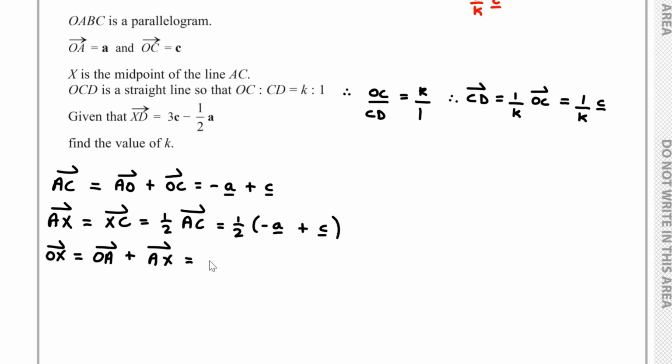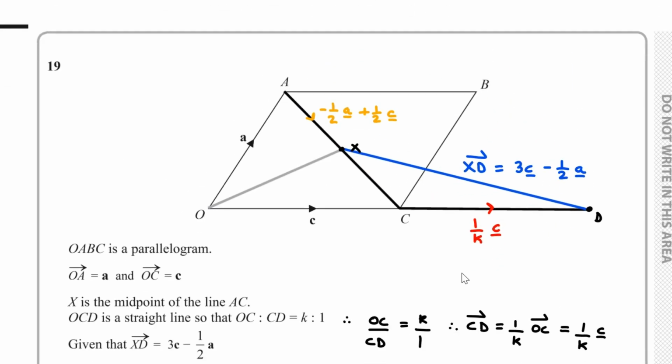So OA, that's A, and AX, that's minus 1/2 A plus 1/2 C. So here A minus 1/2 A, that's just 1/2 A, and then I've got 1/2 C. So here we end up with 1/2 A plus 1/2 C. So this over here is 1/2 A plus 1/2 C.